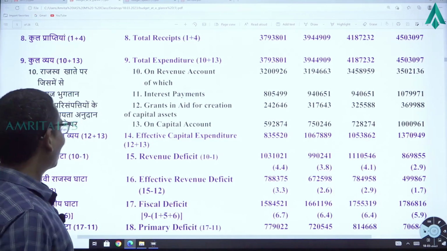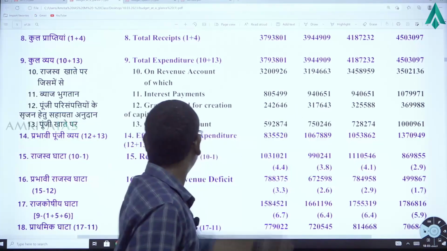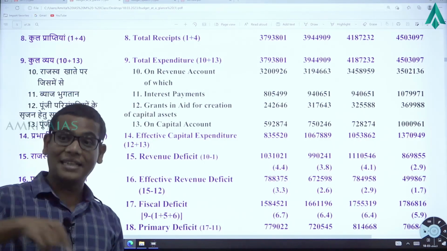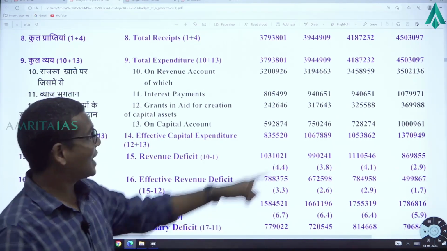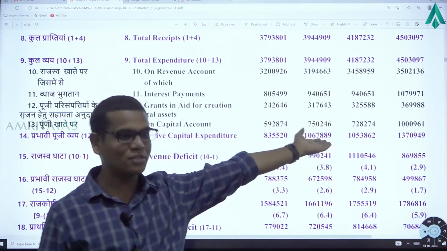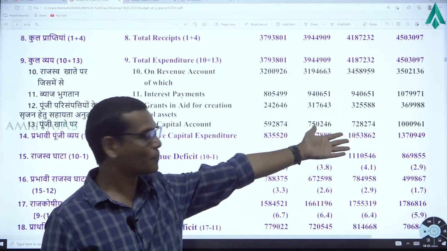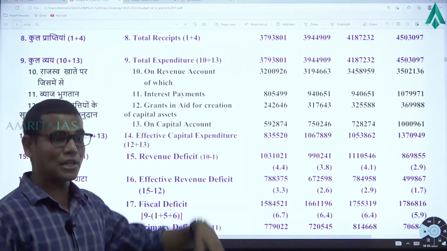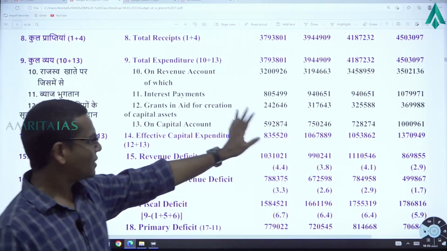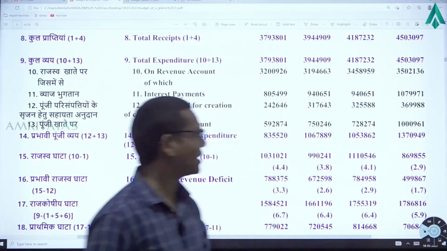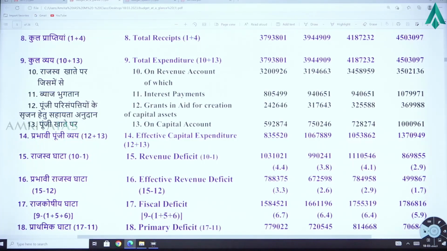Of the 35 lakh crore, what are the grants in aid for creation of capital assets? Not total grants in aid. Grants in aid for creation of capital assets, 3,69,000. That means 1.37 we have added. No, this is 3,70,000. That means total grants are much more beyond, but okay. Grants used for creation of capital assets, 3,69,000.